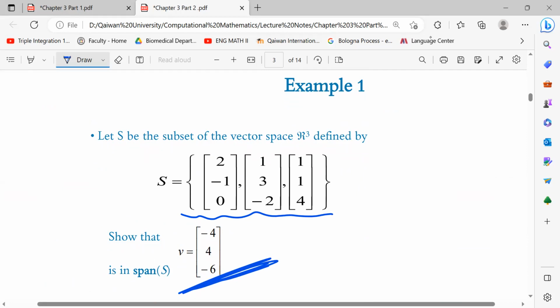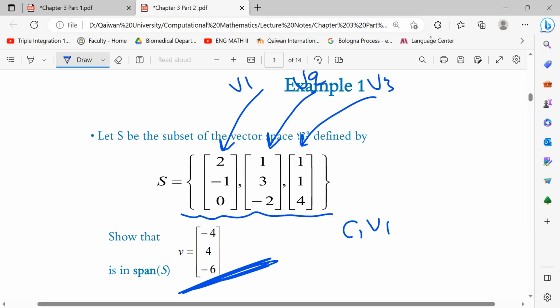It's so easy. We just say, here we have only three vectors in S. Let's say this is V1, this is V2 and V3.